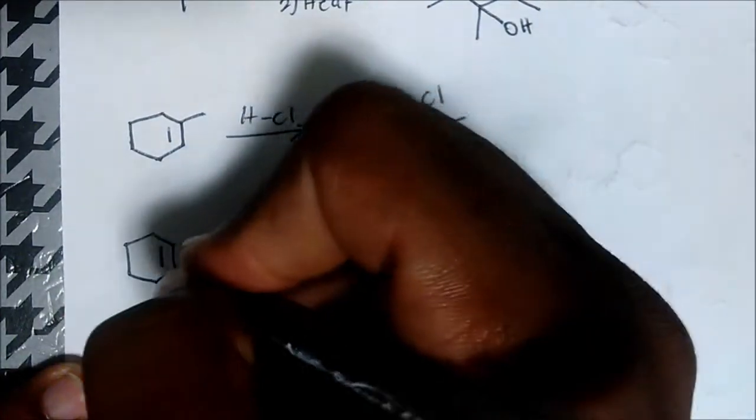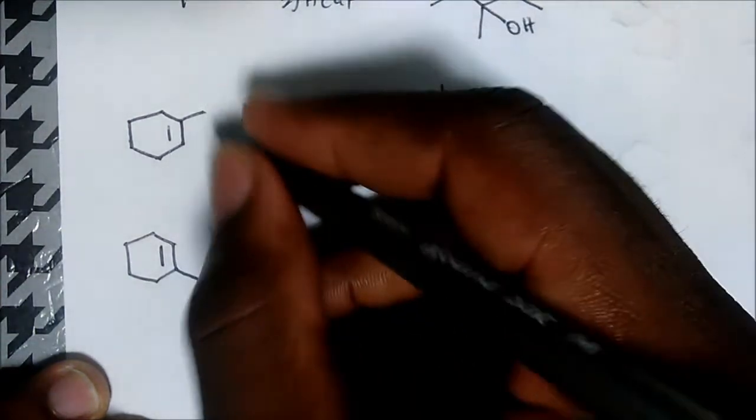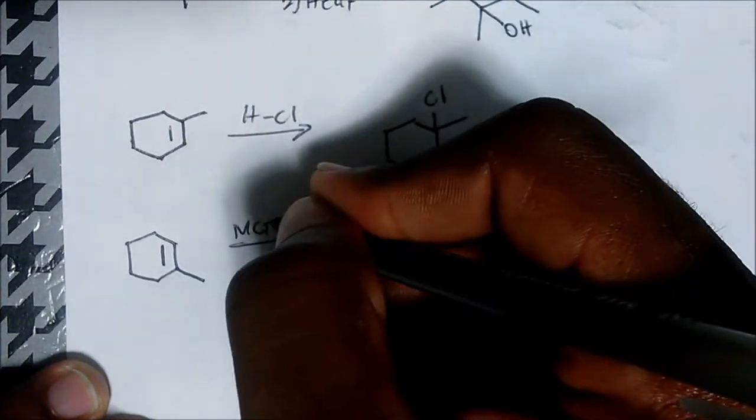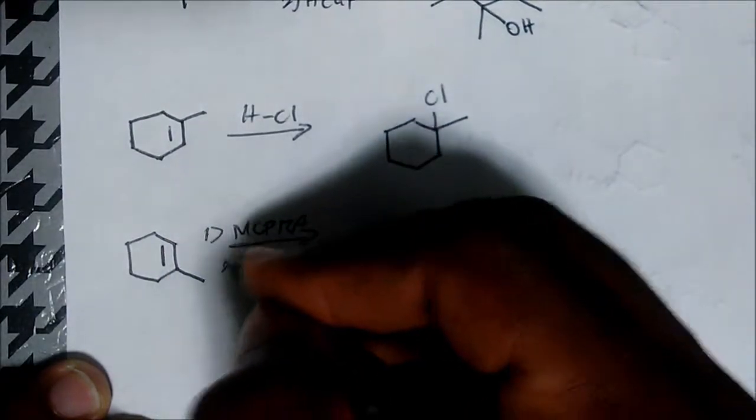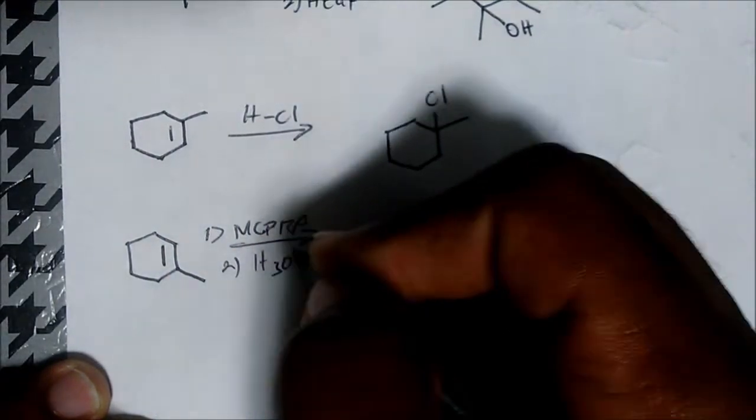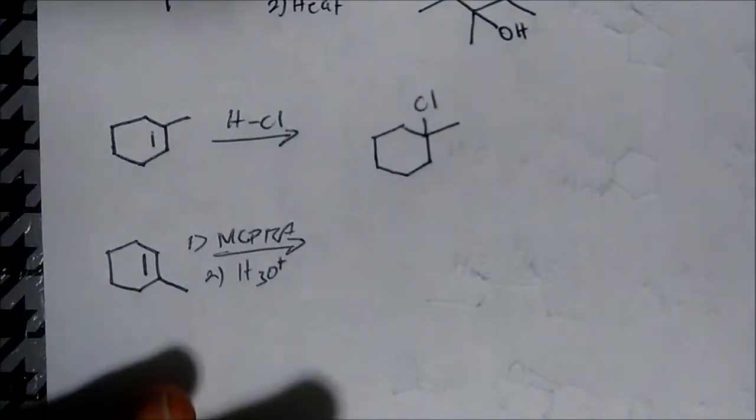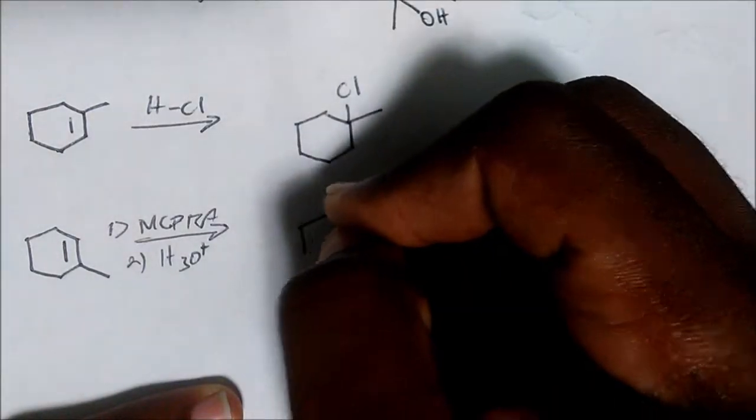What if we added this molecule and we added mCPBA, which is just a peroxy acid again, in the presence of an acid workup. What will be the major product? Well, again, we're forming a diol here.